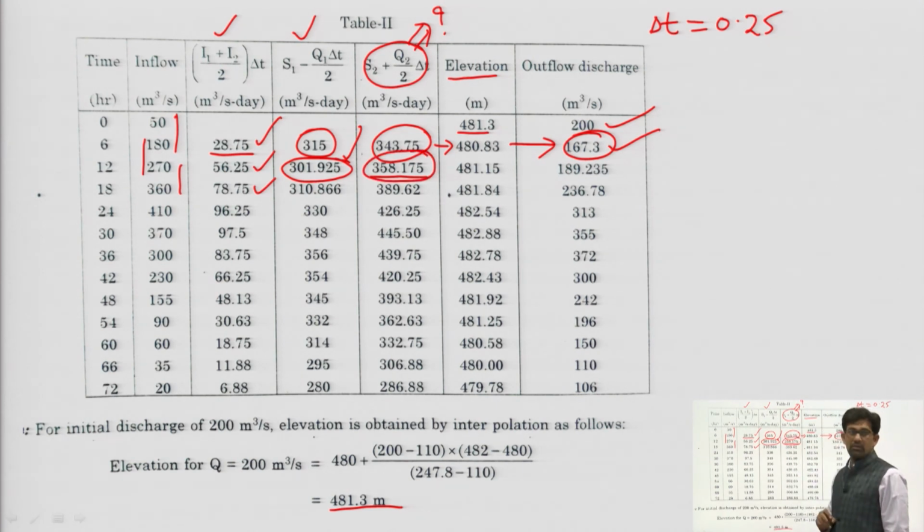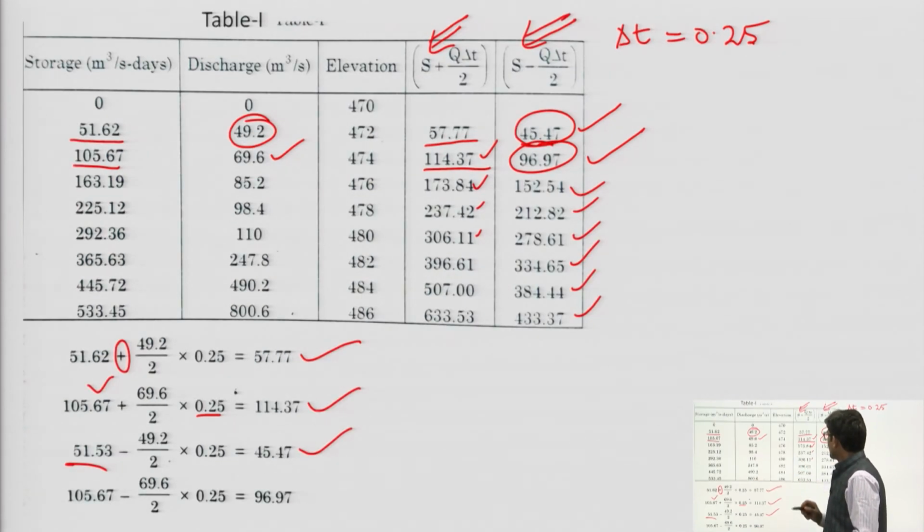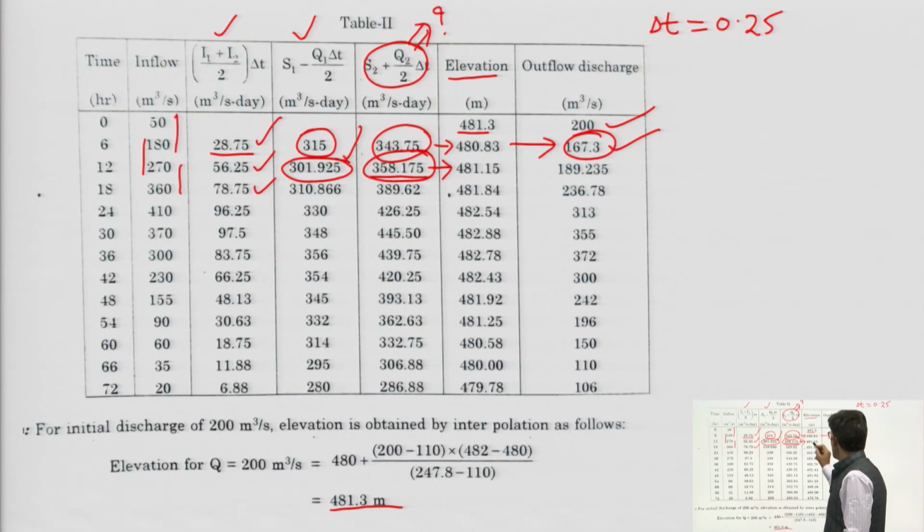Once this data is known, we need to find the corresponding elevation from table number 1, from this column, and the corresponding elevation is 481.15.